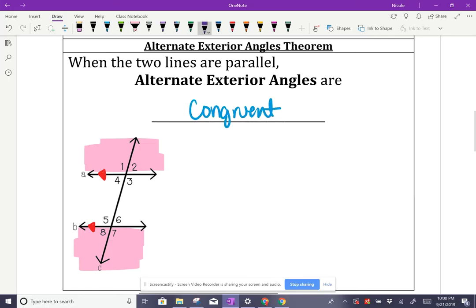So let's identify those. If I have angle 1, that is going to be congruent on the exterior opposite side, angle 7. And then we also can use angle 2 and angle 8. So angle 2 is going to be congruent to angle 8.